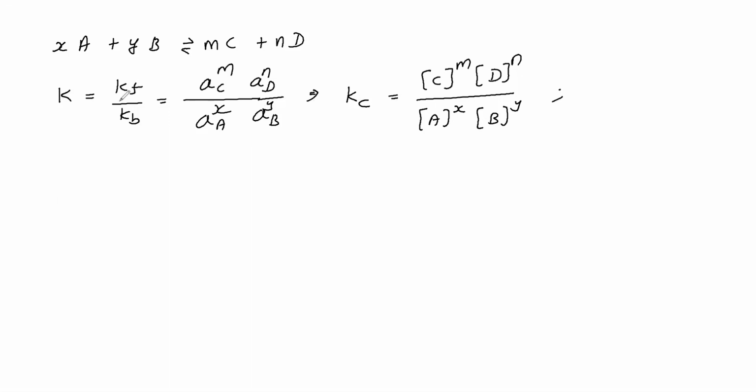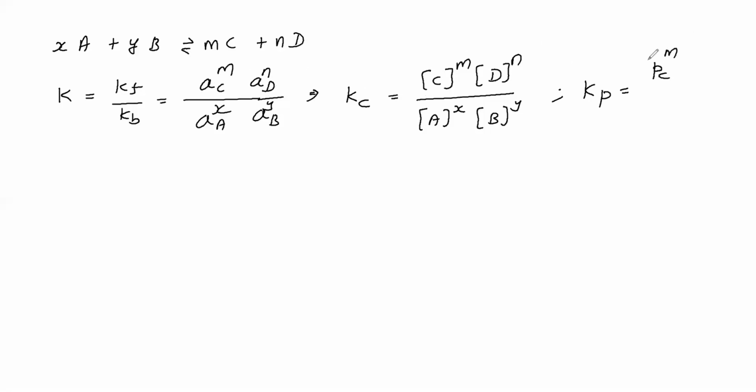Next we will say equilibrium constant in terms of pressure. Here the active mass of C we are saying in terms of pressure, therefore it becomes the partial pressure of C, and the power is m.